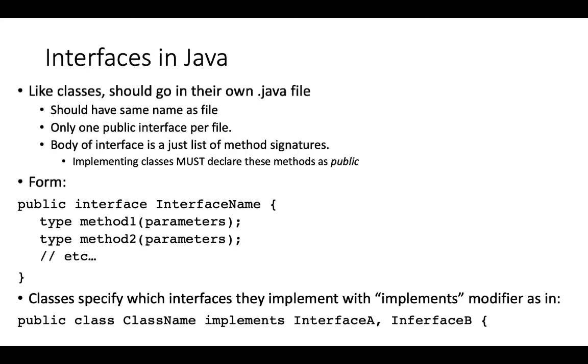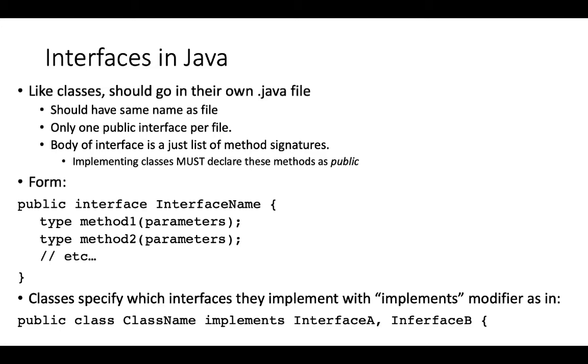When I do this, that is essentially a promise that in this class I will provide all the methods declared by these interfaces as public instance methods available on any object that is an instance of this class. And if I do that, then when I have an object that is an instance of this class, I can use that object as an instance of any of these interfaces wherever I need an object that implements that interface.